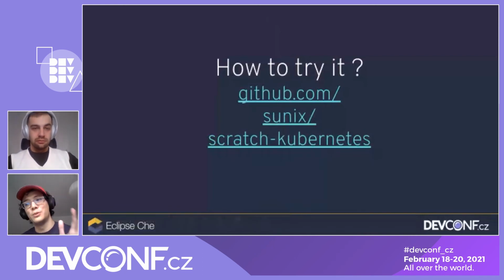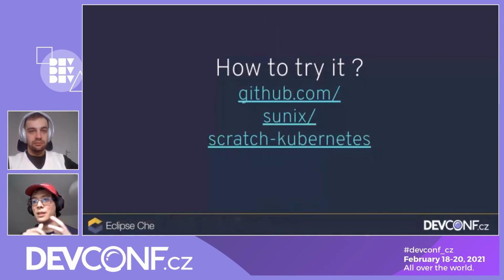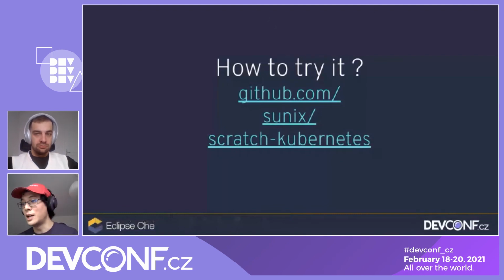You also require to have Eclipse Che installed somewhere in the cloud. It could be even installed on your own laptop. We have the full documentation on our website on how to install Che on OpenShift or any Kubernetes instance on your own cloud or public cloud like GCP or Amazon.